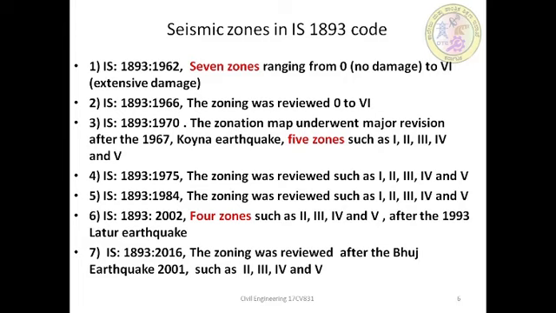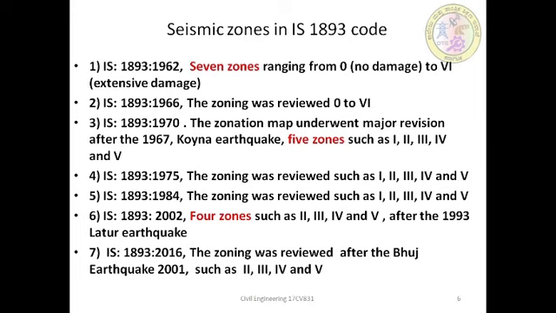The latest earthquake zonation map is as per the latest IS code book, that is IS 1893 2016. The zone map was revised after the Bhuj earthquake which took place in 2001. The map which we have seen is from IS 1893 2016, and here only 4 zones are there, starting from zone 2, 3, 4 and 5.